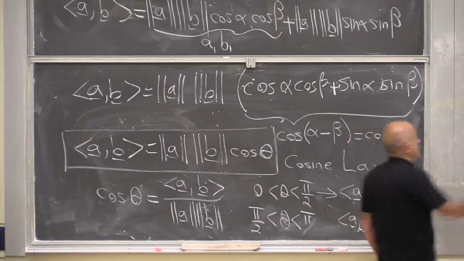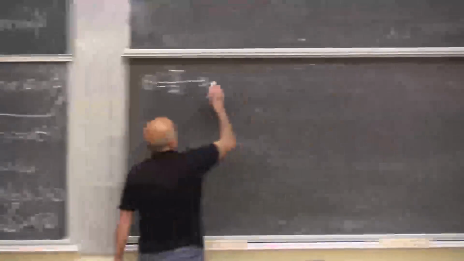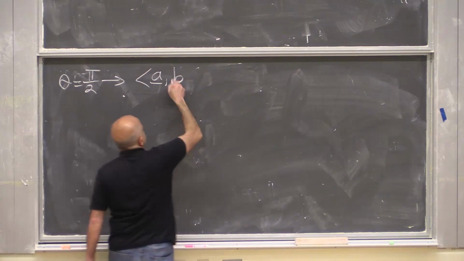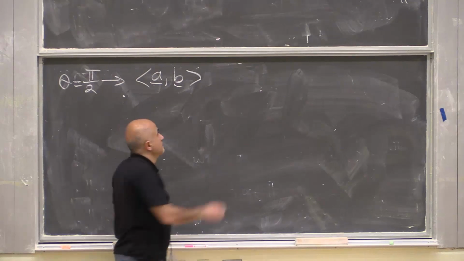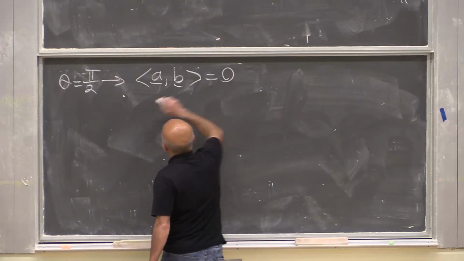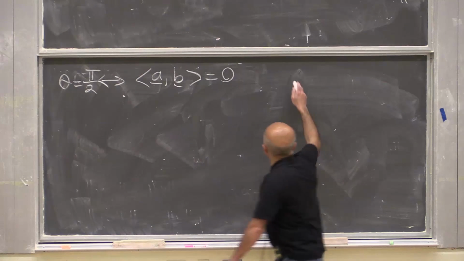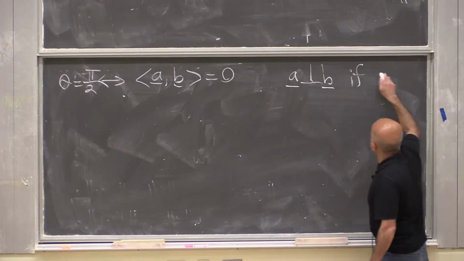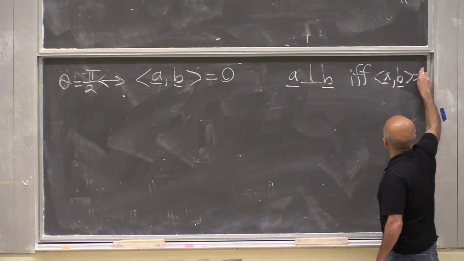And if theta is pi over 2 exactly, then what can we say about the inner product of two non-zero vectors? Zero. In fact, this goes both ways. So we say two vectors are orthogonal if and only if their inner product is 0.